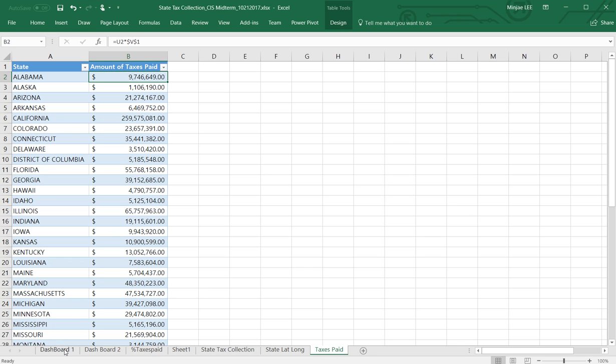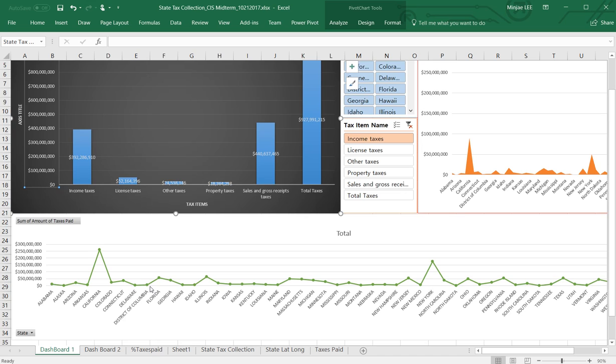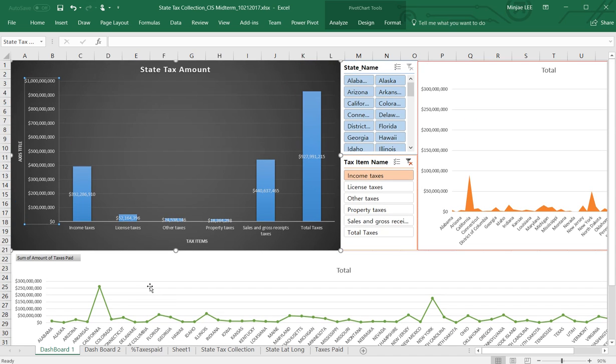And if you go to dashboard 1, let's look at this. It shows the state tax amount of each state, and it shows the categories of income taxes, license taxes, the same thing that we saw before in the table.